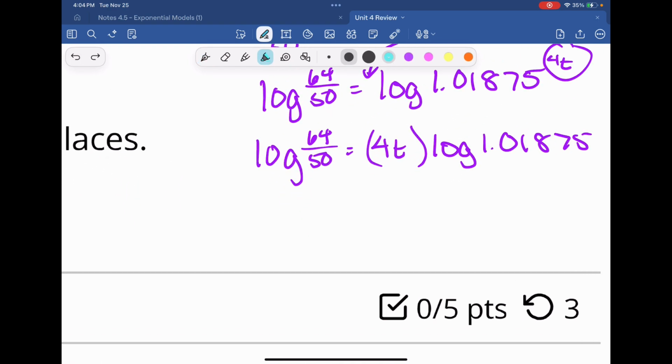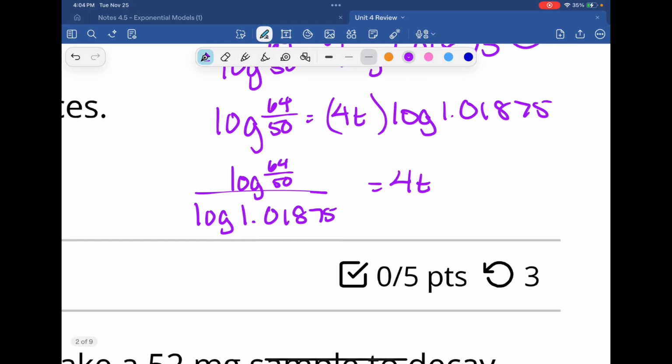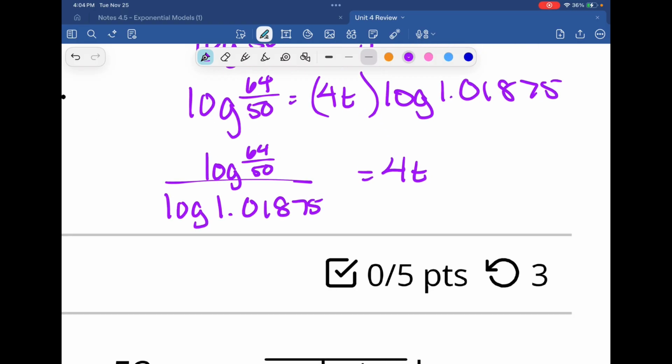So I'm only going to write it once because I'm being very lazy. And then I'm going to divide by 4. Which, just for the sake of space, I'm going to multiply by 1/4, just because that's a little closer.